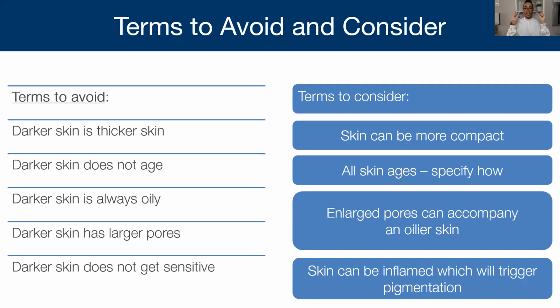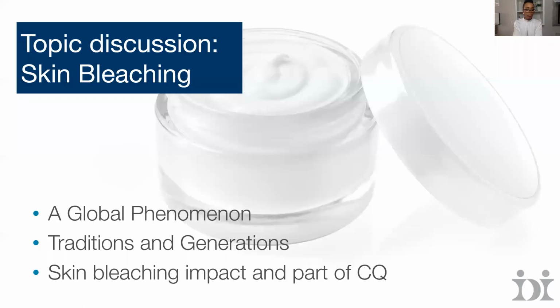I'm going to be taking an example to talk about a specific concern around skin bleaching. You can take that and apply it to anything else. So I'm going to show you succinctly in a few moments how to really have culturally intelligent conversations around matters that could be awkward, where you think, I'm not sure how I want to address this with this client.